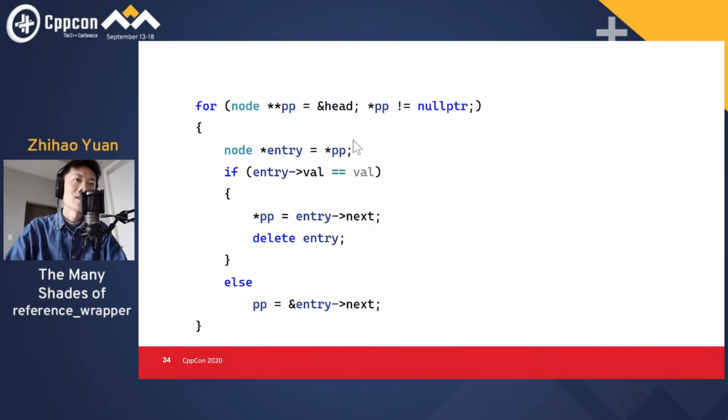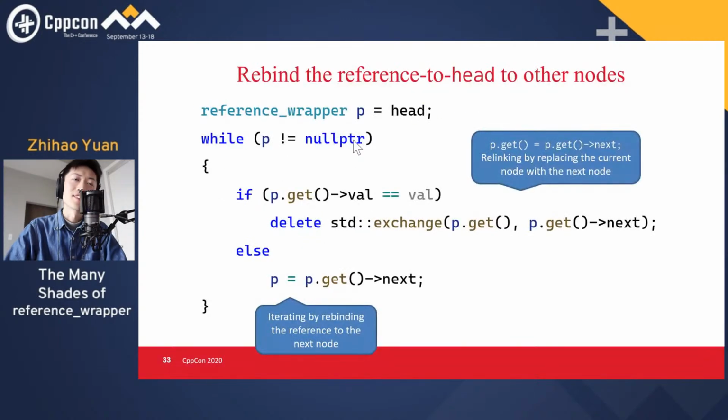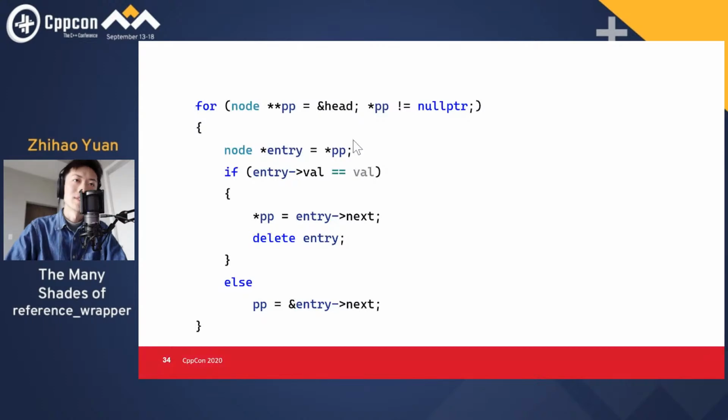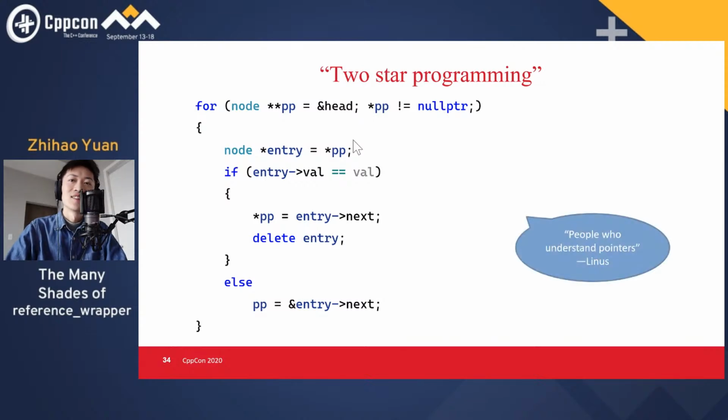You can compare this algorithm with this one that is written using pointer to pointers. It even has a name called two-star programming. And Linus even said this kind of code is written by people who understand pointers. I would recommend these experts stop drawing lines behind themselves.